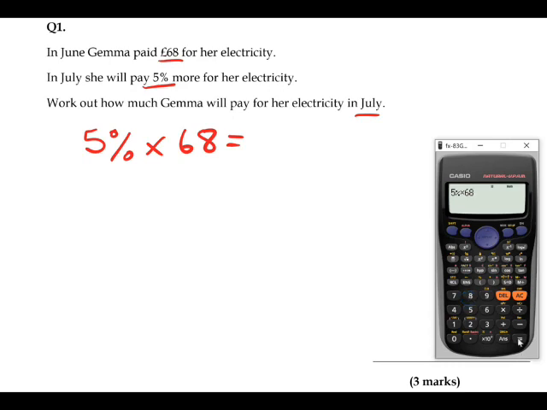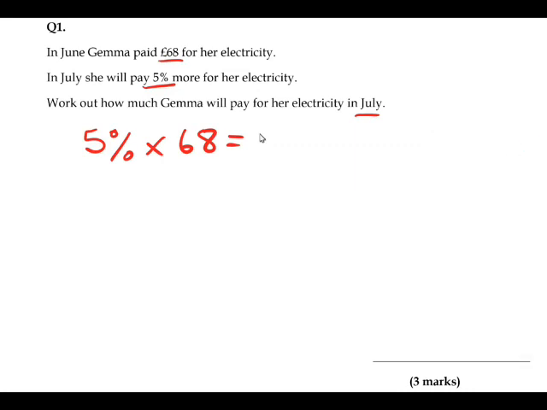So 5% of 68 equals, press the SD button and it tells us it's 3.4. So we now need to add 68 and the increase price, the 5% increase of 3.4. Again, do it on your calculator, 71.4.